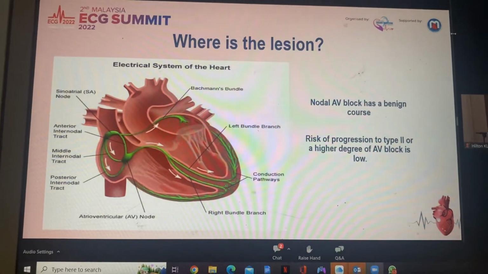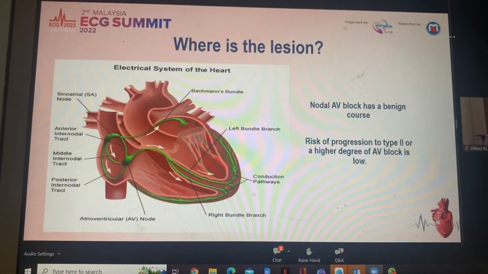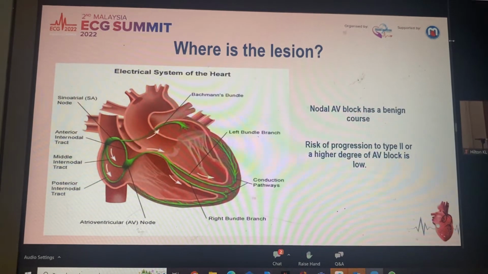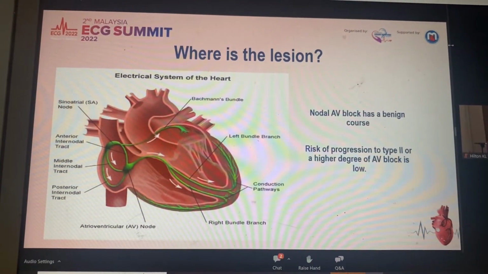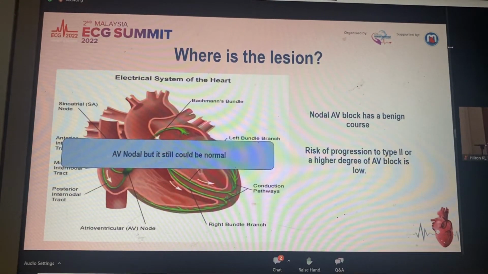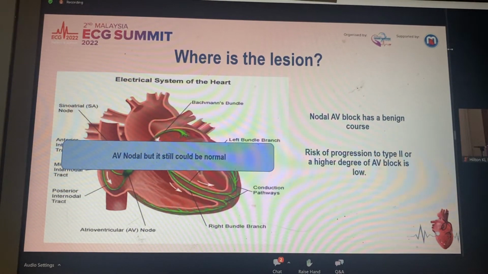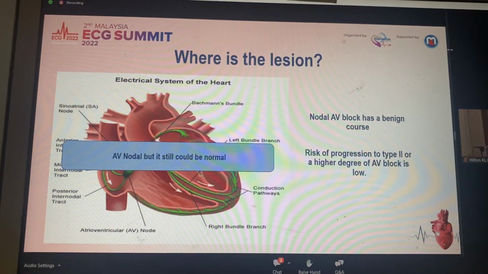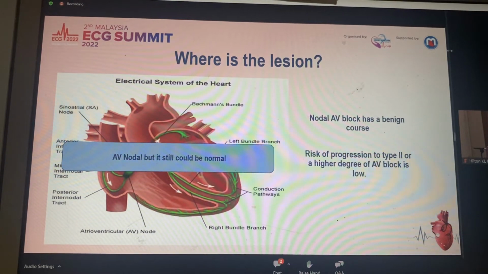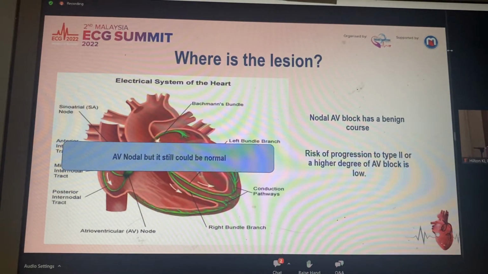So where is the lesion? In first degree heart block and second degree Mobitz type 1, it occurs at the AV node site, but it can still be part of normal physiology in the normal population. Nodal AV block has a benign course, and like I said before, the risk of progression to type 2 or higher degree AV block is low.